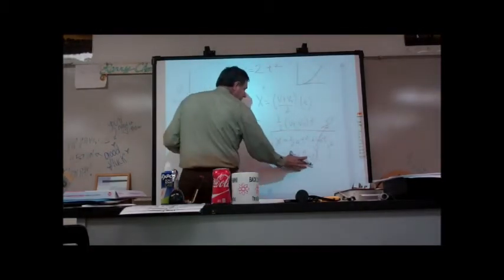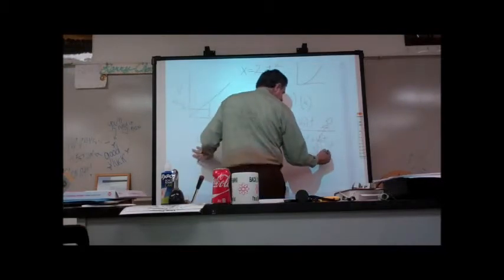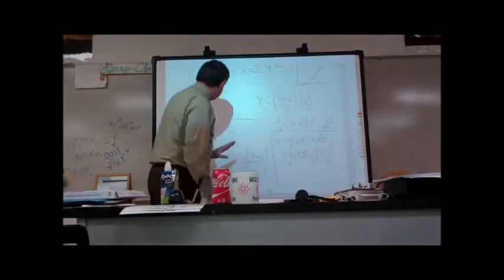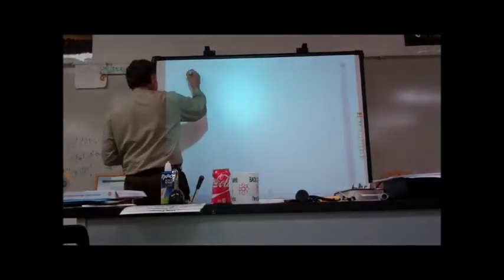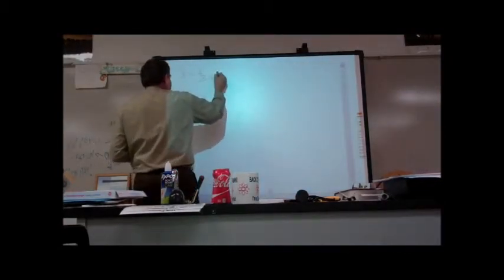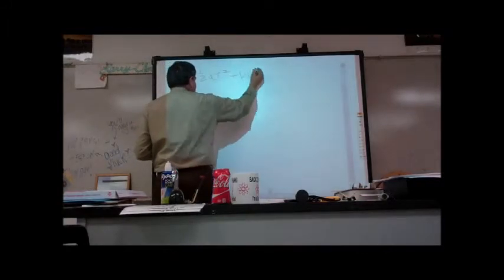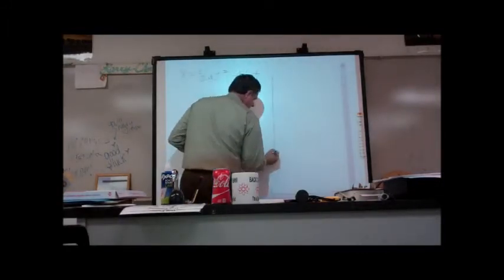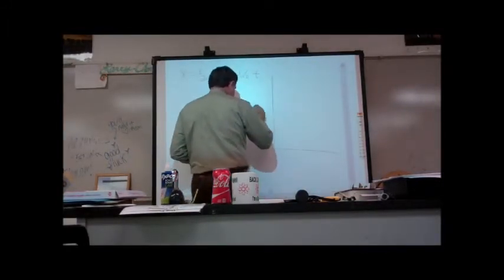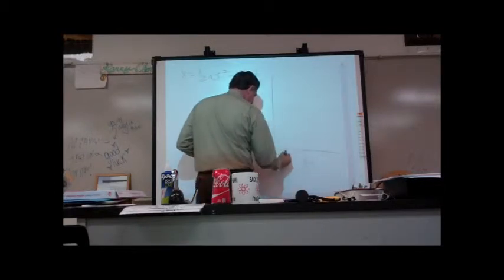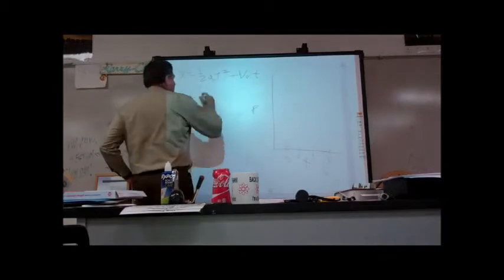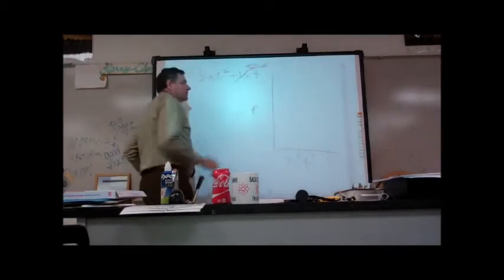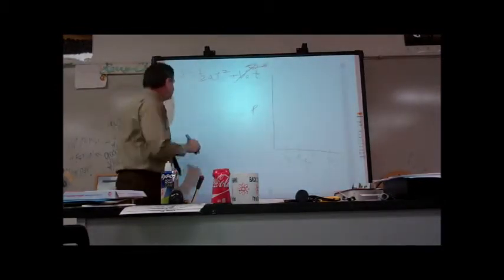I'm going to start over. I'm going to use this x equals 1/2 at squared plus v naught t. And here's going to be my position time graph. So I got 1 second, 2, 3, 4. So v naught is 0, starts at rest. I don't have to worry about that whole thing.